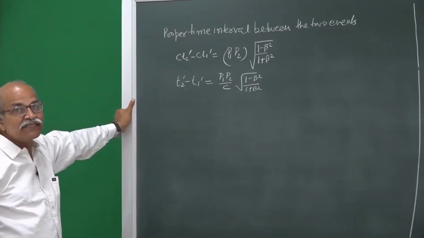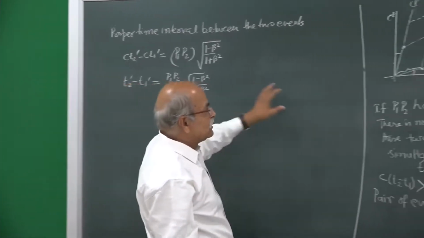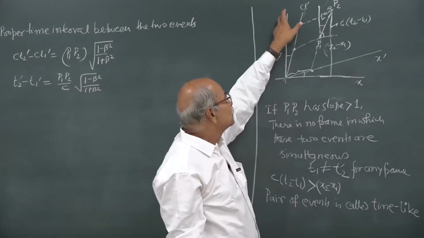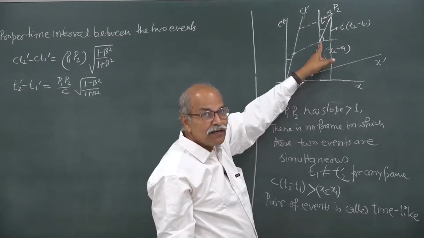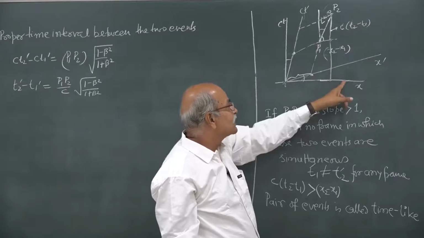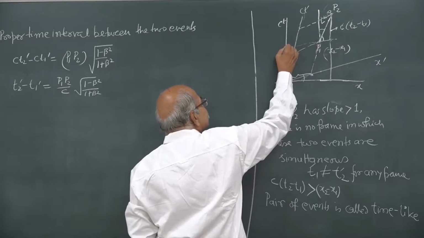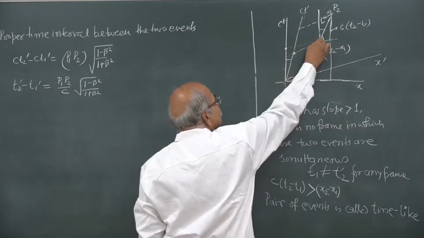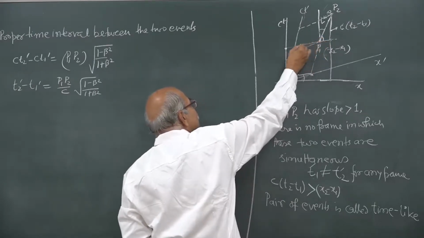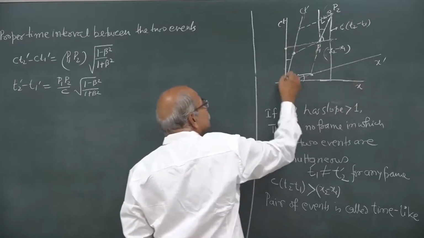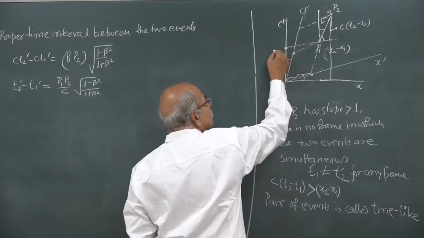And then what is the time interval in frame S? In frame S, this is x, this is CT. So, what is the time in frame S for this event? You draw a line parallel to x axis, and then you get a point somewhere here. This is your time for this event as measured in S frame. This is my CT1.